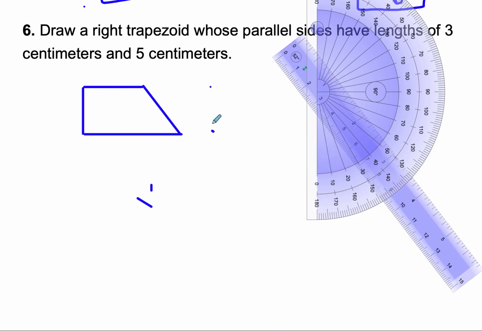All right, so now I'm going to label the things that they told me to do. So right trapezoid means I need right angles. 3 centimeters I chose to do on the top, and 5 centimeters I chose to do on the bottom.